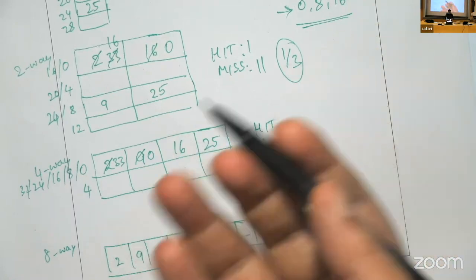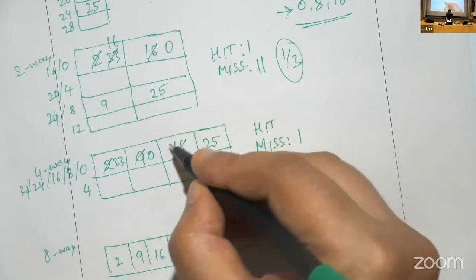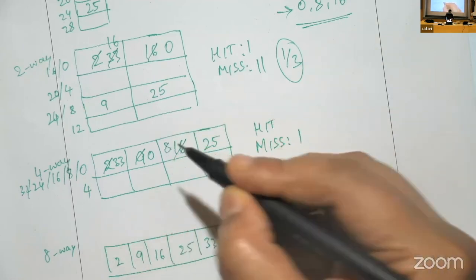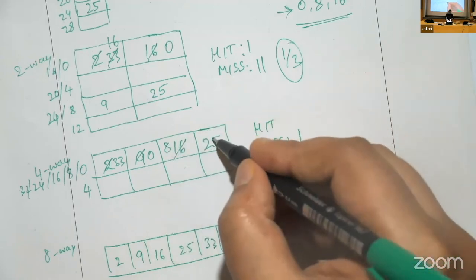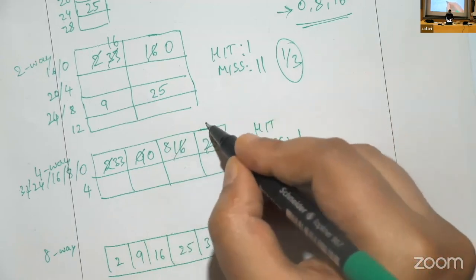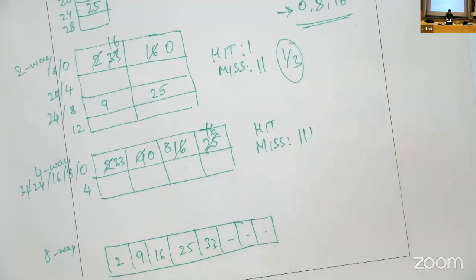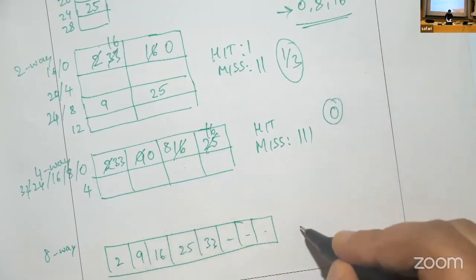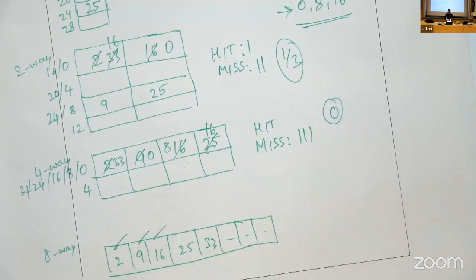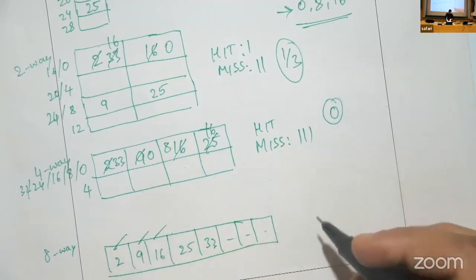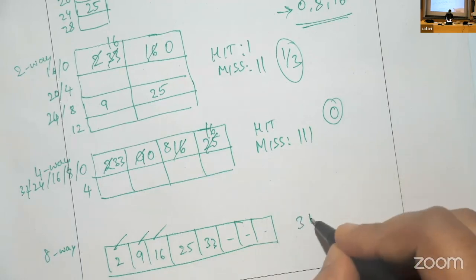Then 8 is also not there, so you replace this one with 8, and then 16 is also not there because we just replaced it, and then we'll replace it with 16. So you'll have 2 more misses. So here with 0, 8, and 16, you can get 3 hits because you already have the cache blocks with these addresses. So you get 3 hits.